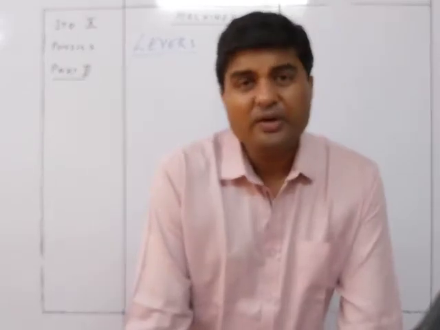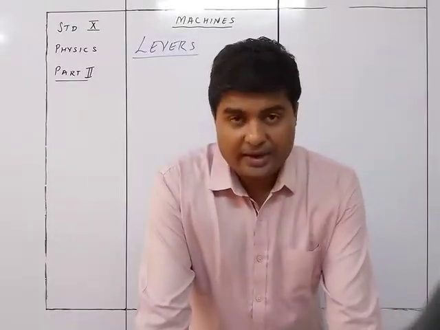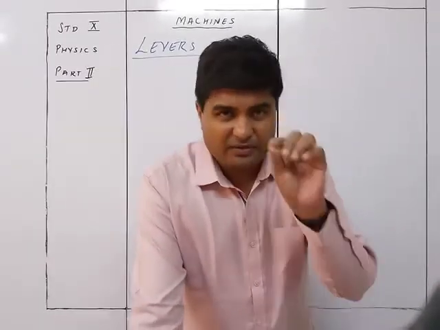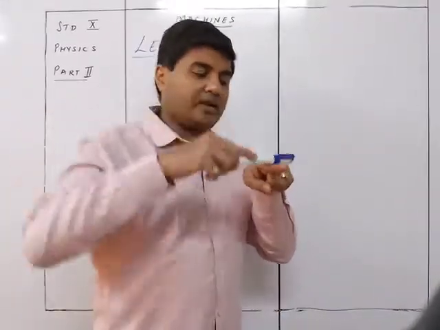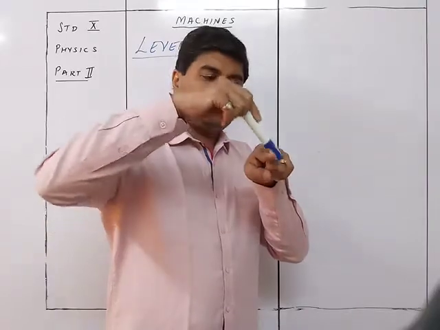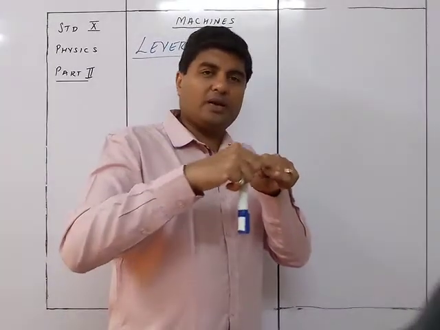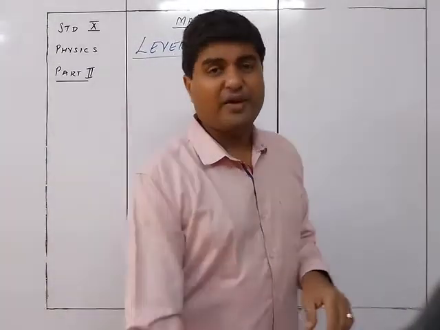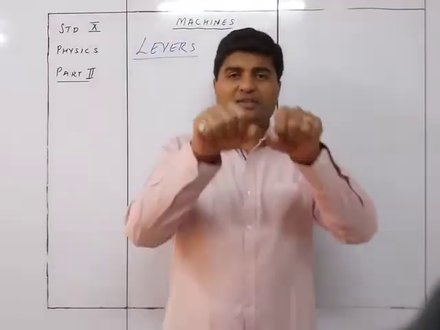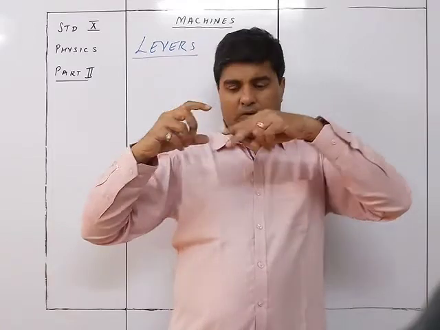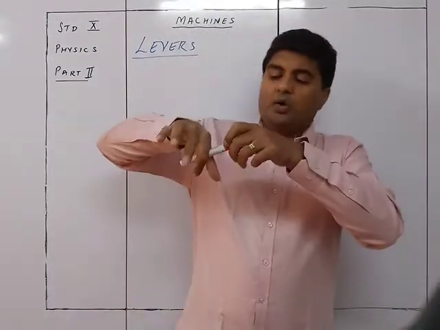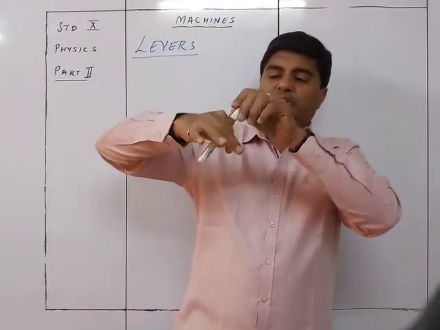Which is capable of turning about a fixed axis. That turning point, the fixed axis, is called the fulcrum. So when I am putting it over here, the fixed axis on which it turns, this particular point is called the fulcrum. For example, when you are rowing with both hands, the oar is in a hook. There is always a hook on which the oar is fixed and then you are just pushing it this way.